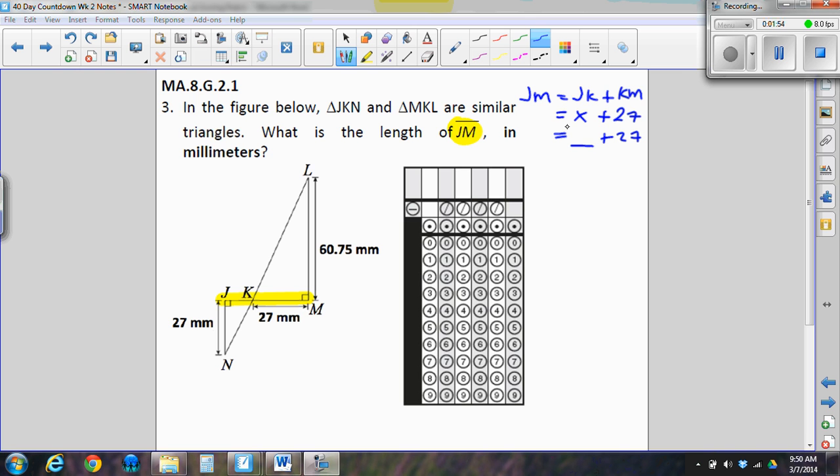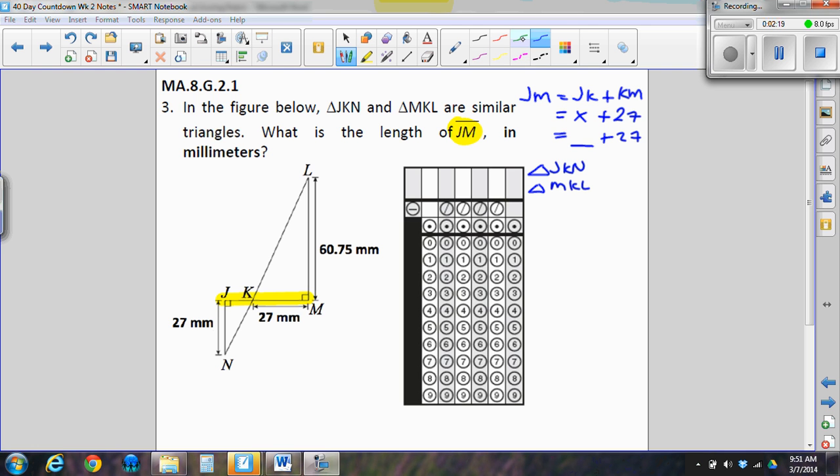The way we're going to do that is to first write the triangle names on top of each other. The triangle names are triangle J, K, N, and triangle M, K, L. Next, we're going to create relationships between all the unique pairs of sides in the triangle.